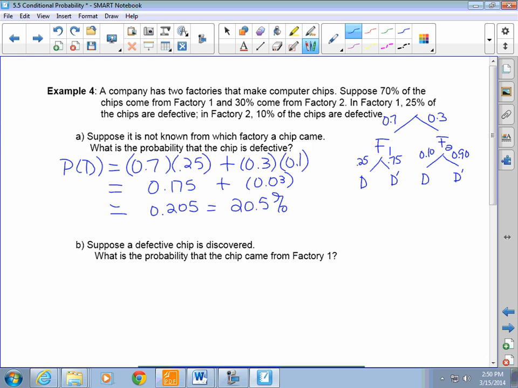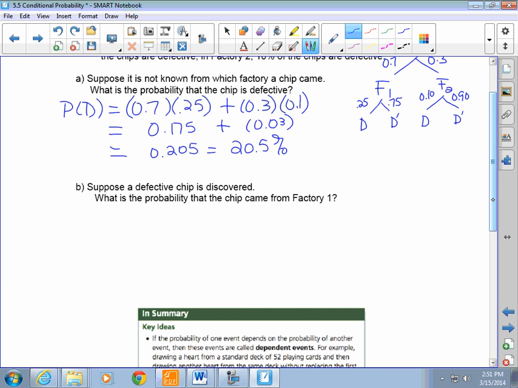So part B says, suppose a defective chip is discovered, what is the probability that the chip came from factory 1? So we're trying to find the probability that our chip came from factory 1 given that it is defective.